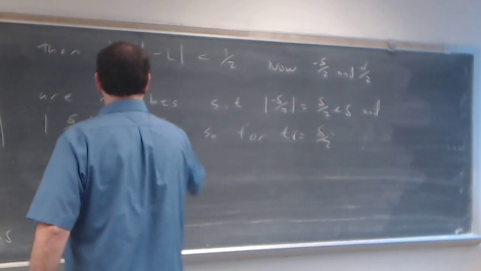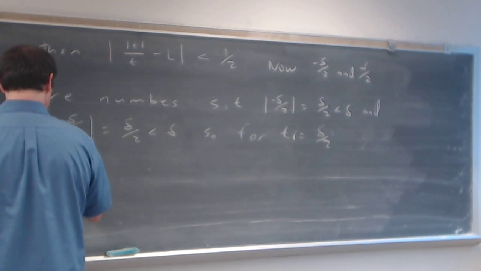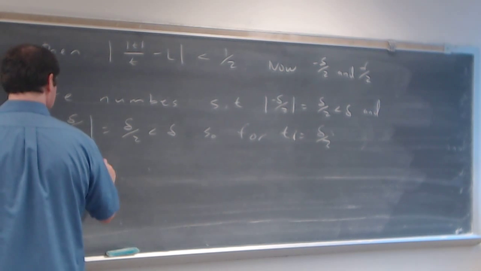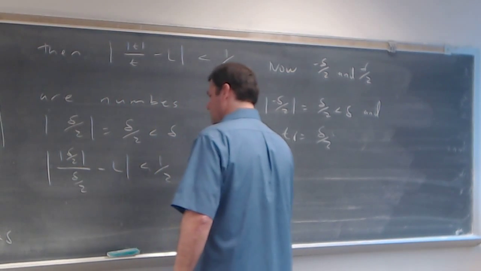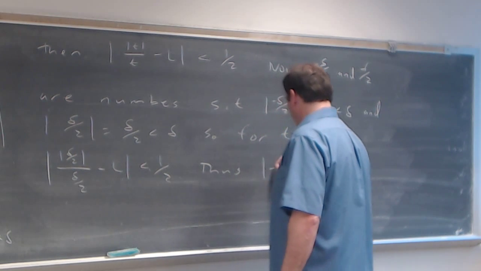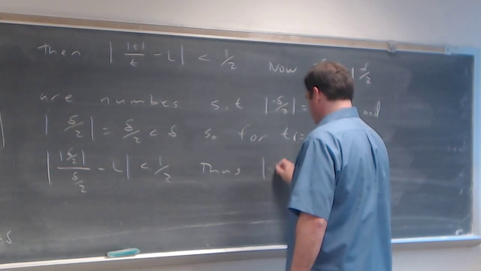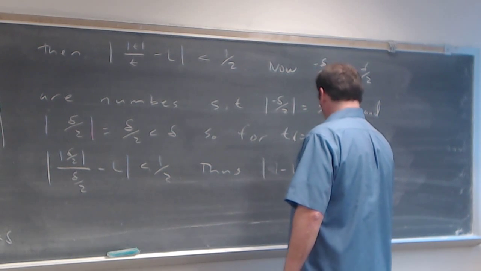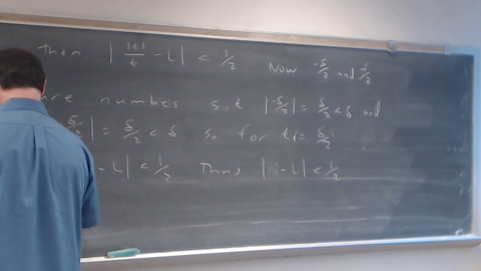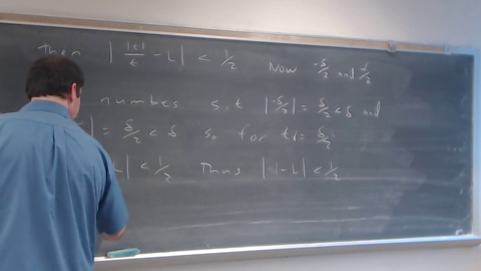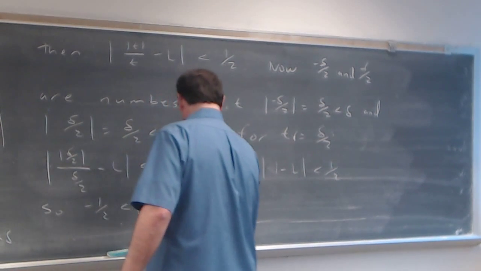So when t is equal to delta over 2, we have the absolute value of delta over 2 over delta over 2 minus L will be less than 1/2. Thus, because the absolute value of delta over 2 is delta over 2, this is 1 minus L less than 1/2. And that says that minus 1/2 is less than 1 minus L, which is less than 1/2.